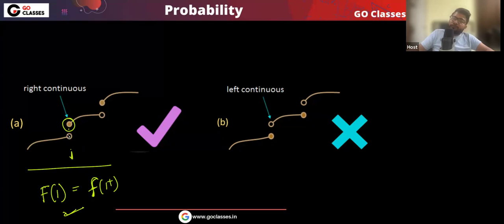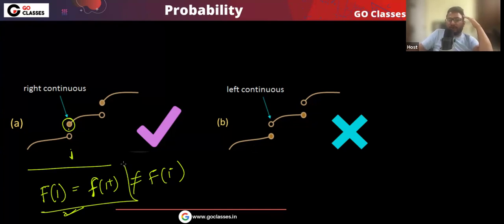Which means the value at 1 and at 1 plus, just immediately after 1, extremely near to 1, are the same. But this is not equal to F of 1 minus, which means if we go very, very little to the left of 1, then it is not the same as F of 1. So this is called right continuous because 1 and 1 plus are equal.